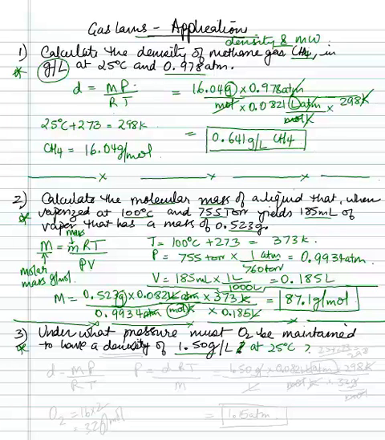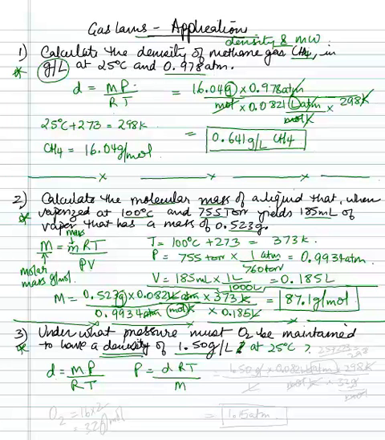So using our density equation, because this question deals with density, remember density is molar mass times pressure divided by gas constant and temperature. So it really does not need a whole lot of information. The question is asking us for pressure, so that's what we need to isolate. So then pressure is going to be dRT divided by the molar mass.